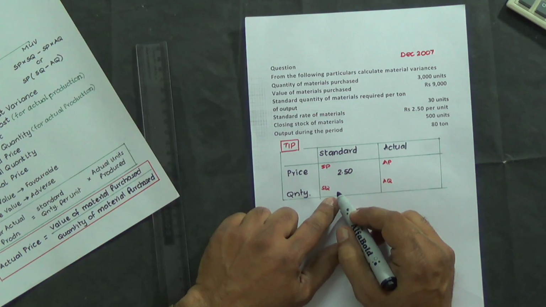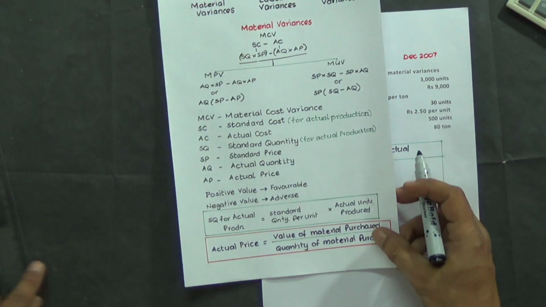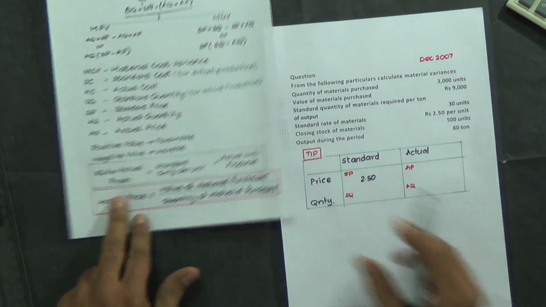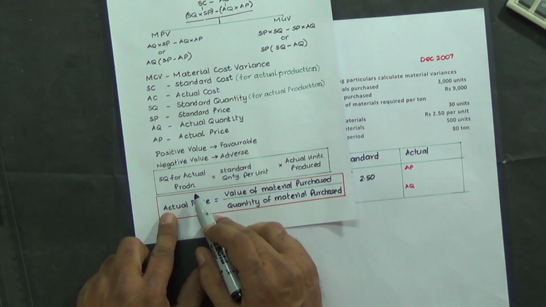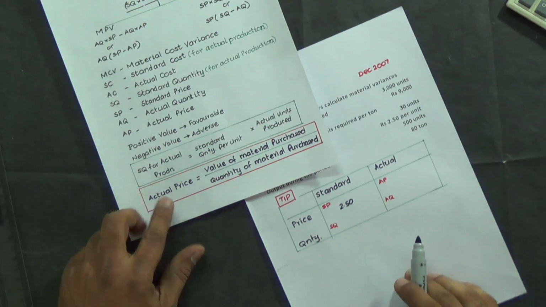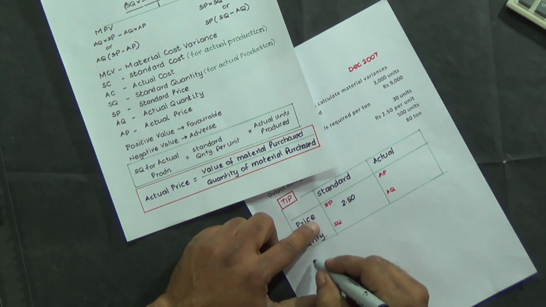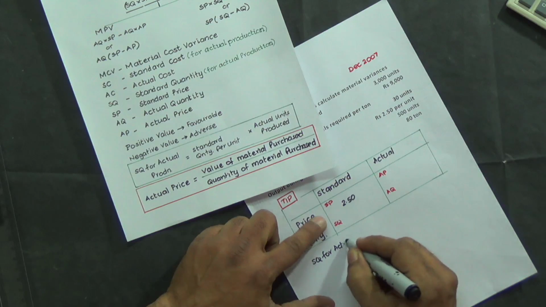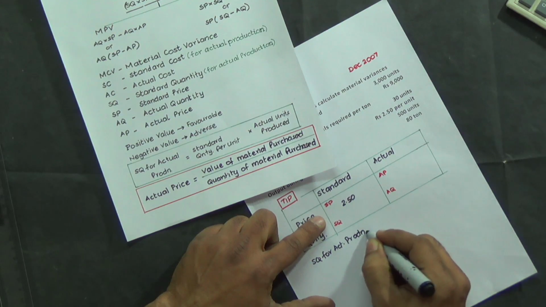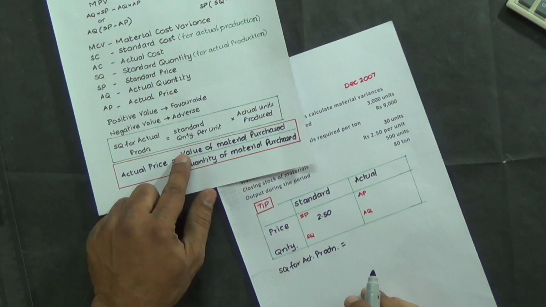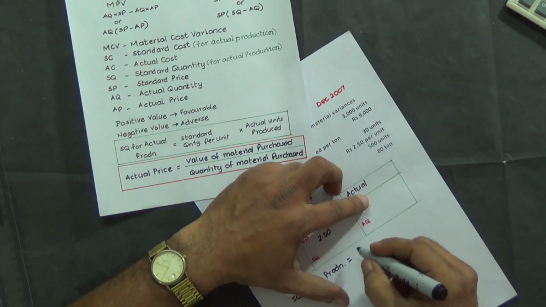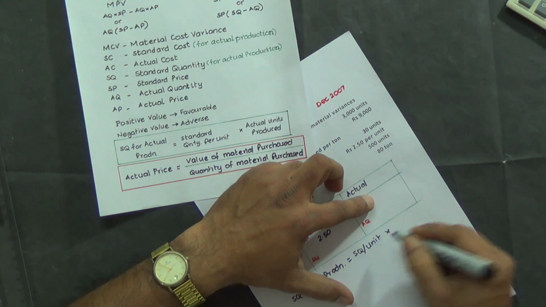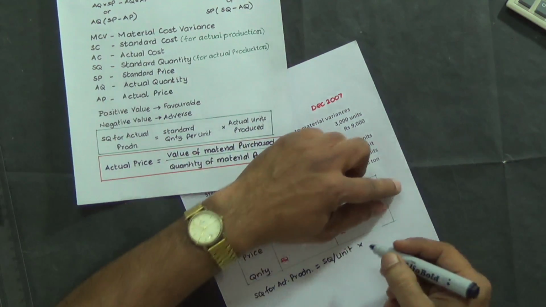Standard quantity means standard quantity for actual production. This is not ready, so we'll have to utilize this formula, standard quantity for actual production, and arrive at it. As per this formula, it is standard quantity per unit into actual units produced.